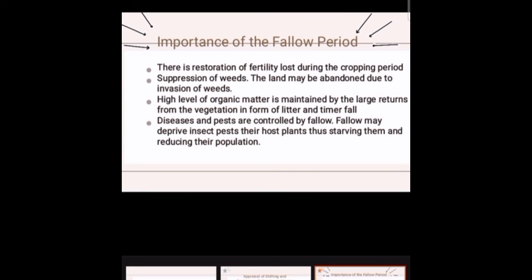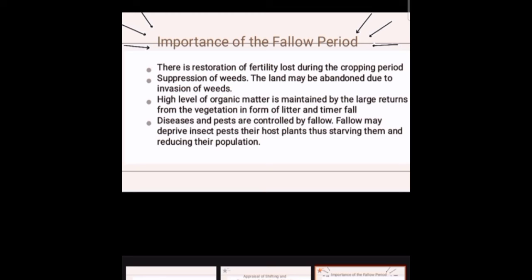The first is the restoration of fertility lost during the cropping period. If the cropping period had not been too long, the fallow period may be enough to restore the fertility. Otherwise, it may be necessary to apply chemical fertilizer.